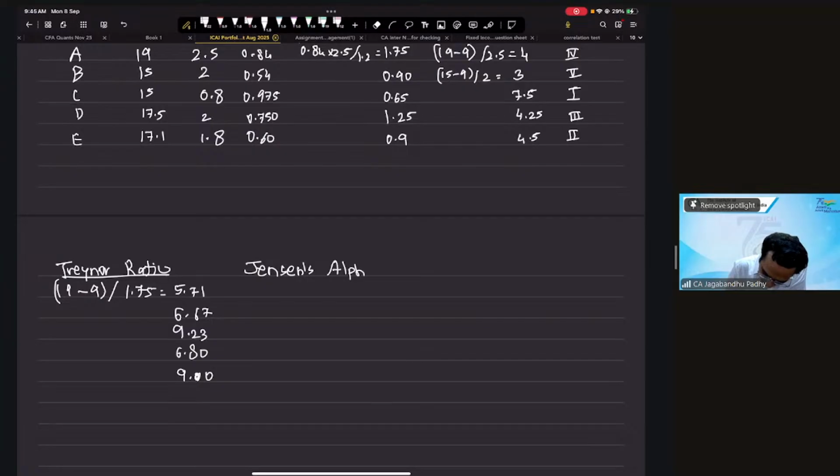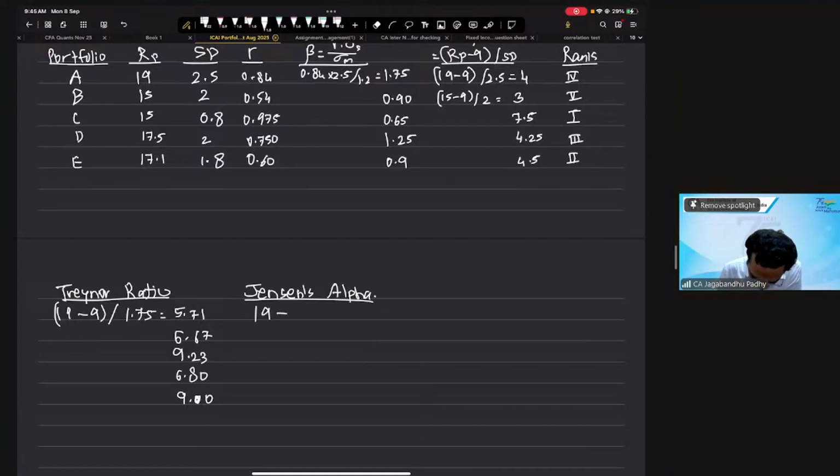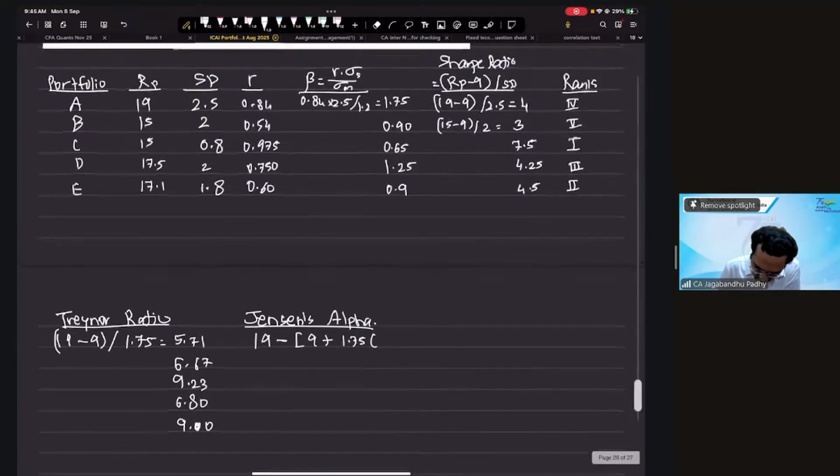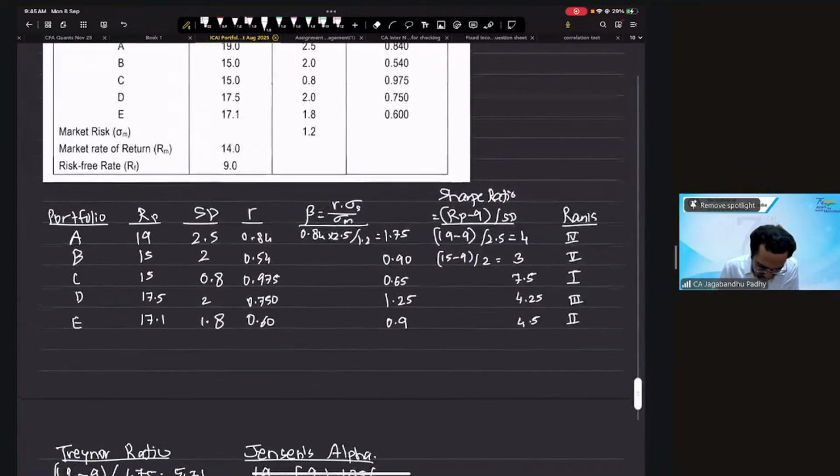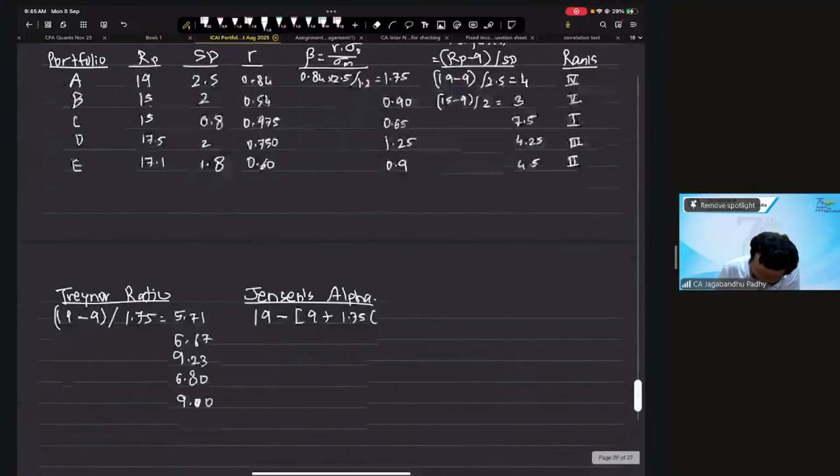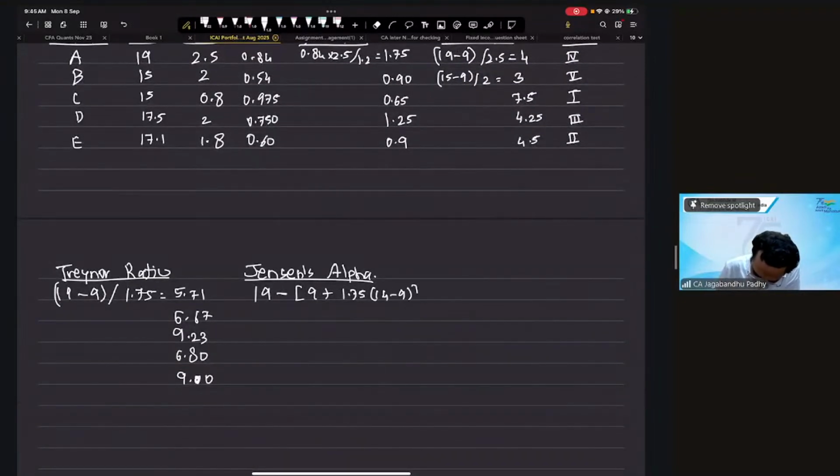Jensen's alpha. Jensen's alpha, we know it can be computed as what? 19 minus RF, which is 9, plus beta, 1.75, into RM minus RF, and market rate of return is 14 minus 9.